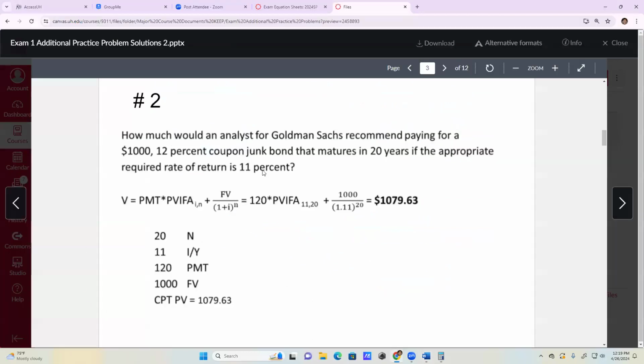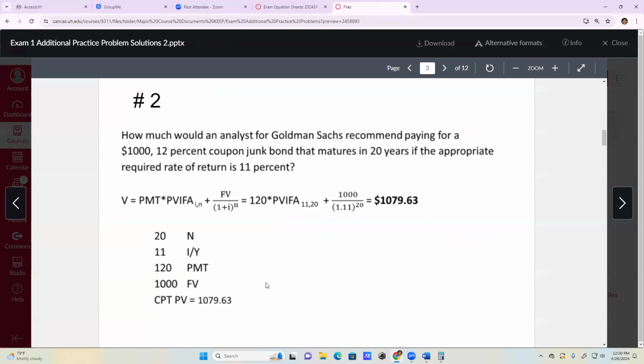However, right now, just keep it as simple as this problem number 2 right here. All right, so on your calculator, like I said, you're going to put 20 for the N, 11 for the I/Y, 120 for the payment.